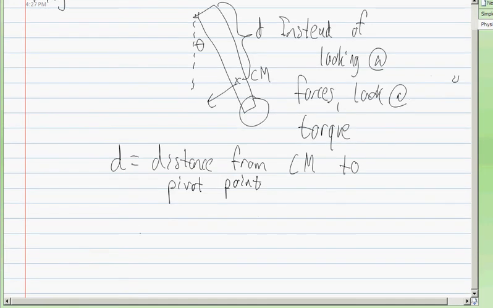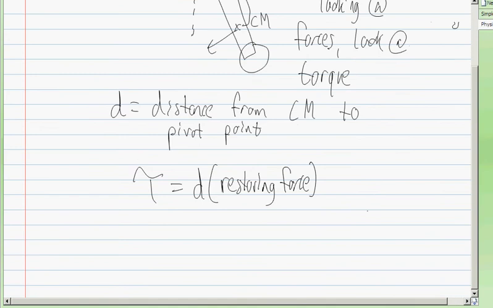So if we want to find the torque, it's going to be d times the restoring force. And we make the same argument we made in the other video, that if the force of gravity is acting down on it, then this is the angle theta, and this force over here on this side is going to be mg sine of theta.